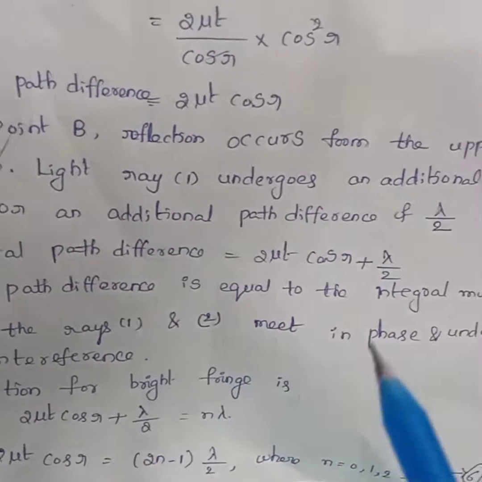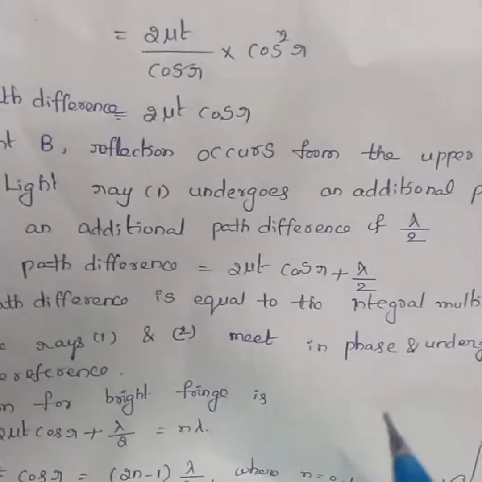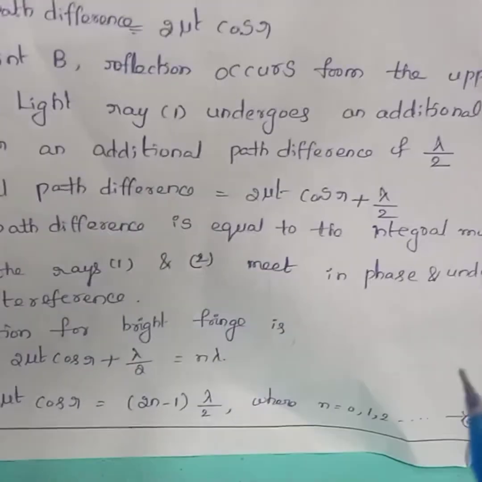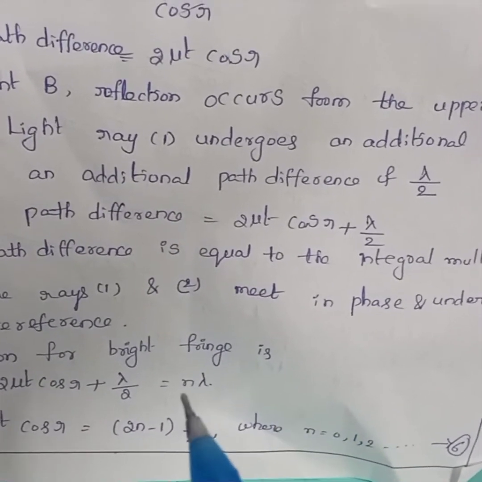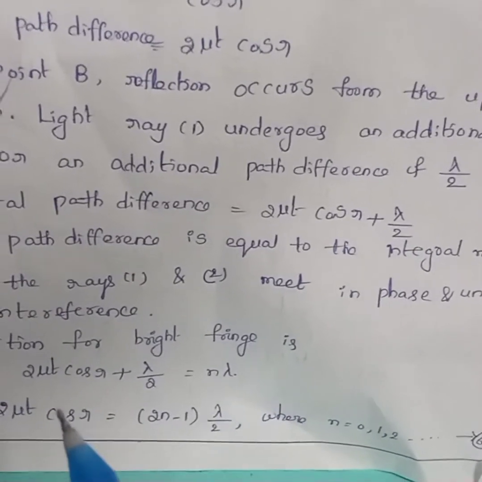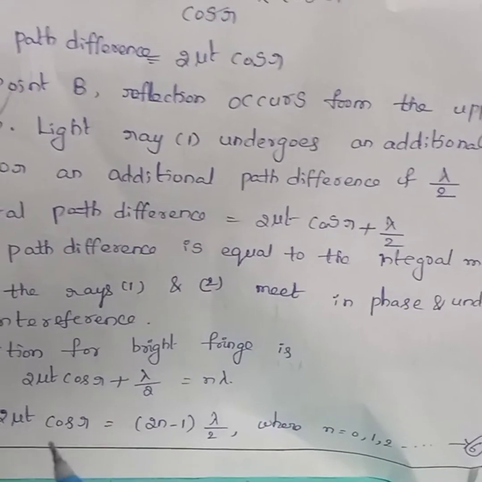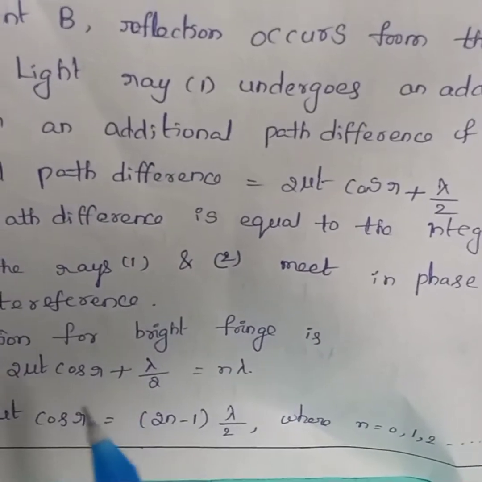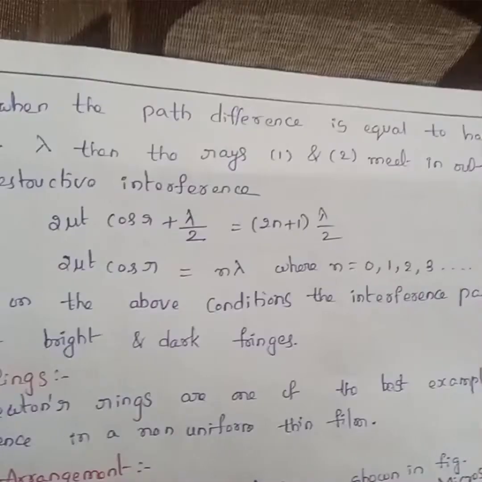So now when the path difference is equal to integral multiples of wavelength, that is a constructive interference. For constructive interference, we know that the condition for the bright fringes is n lambda. So we can write 2 mu t cos R plus lambda by 2 is equal to n lambda. So from this equation we can write 2 mu t cos R is equal to 2n minus 1 into lambda by 2.